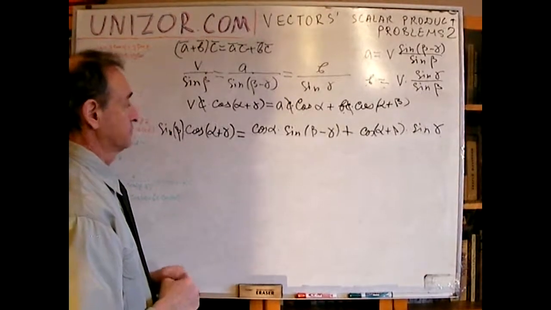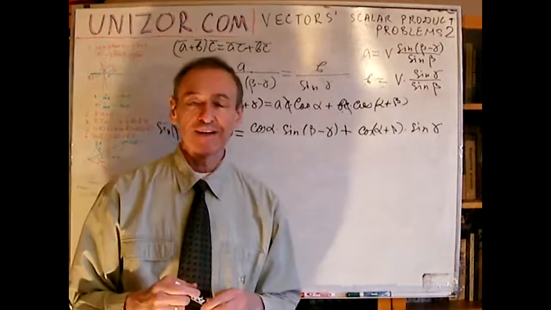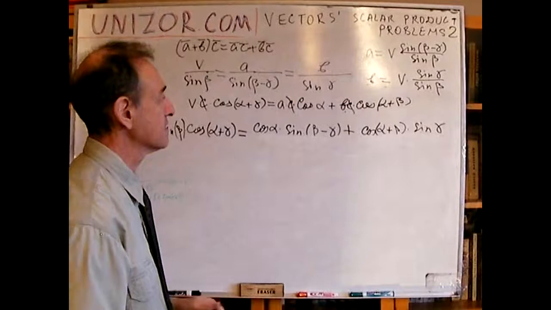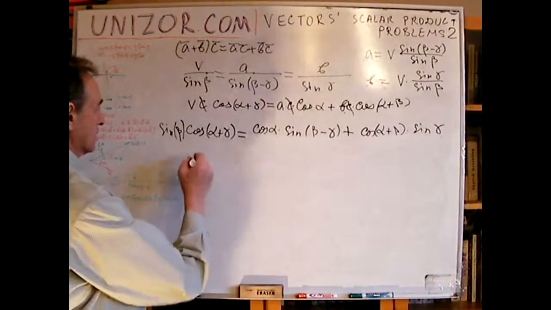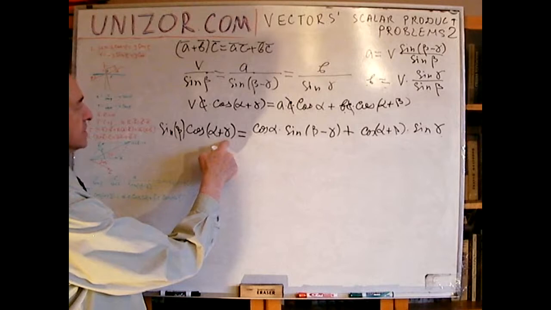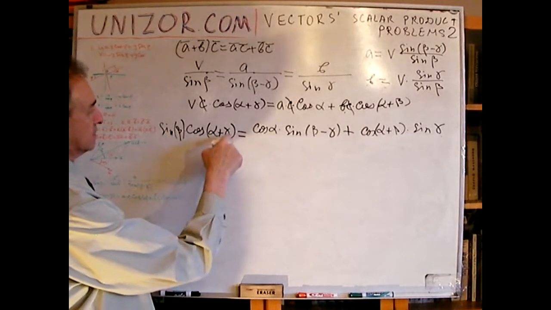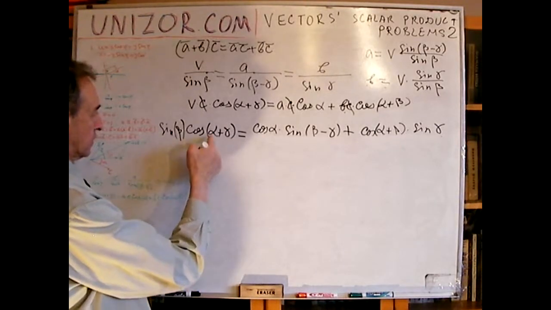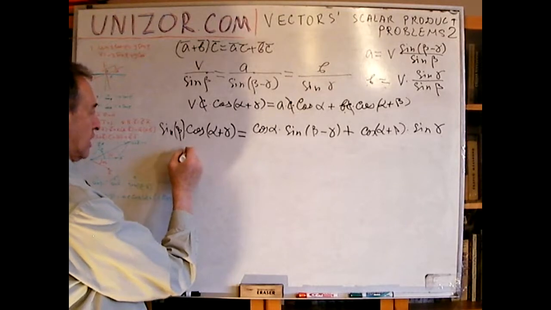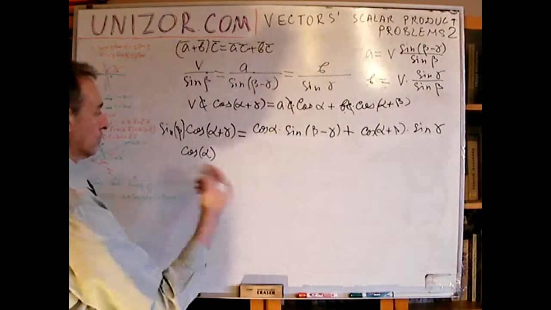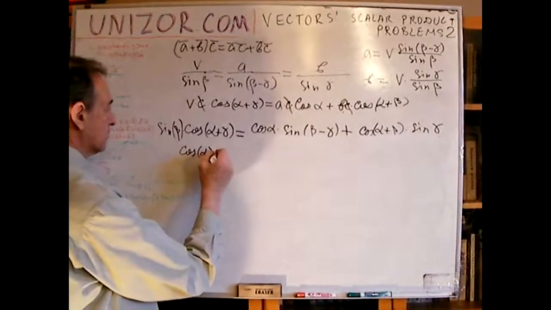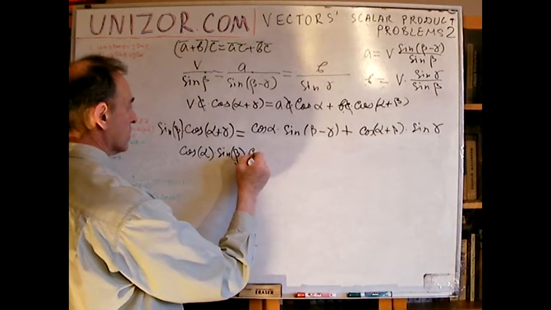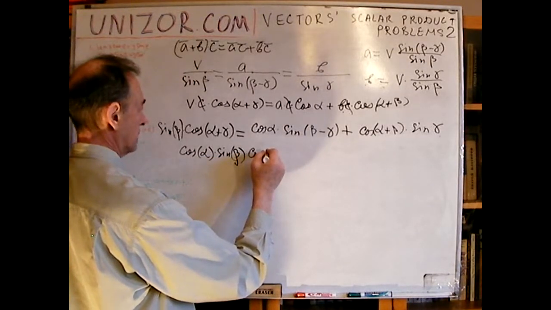Well, I still remember sine and cosine of the sum or difference between two angles, so I will just open these parentheses and see what happens. Okay, sine of beta times cosine of sum. This is cosine cosine minus sine sine. So I will have cosine of alpha, I will put it in alphabetical order, then sine of beta, then cosine of gamma.